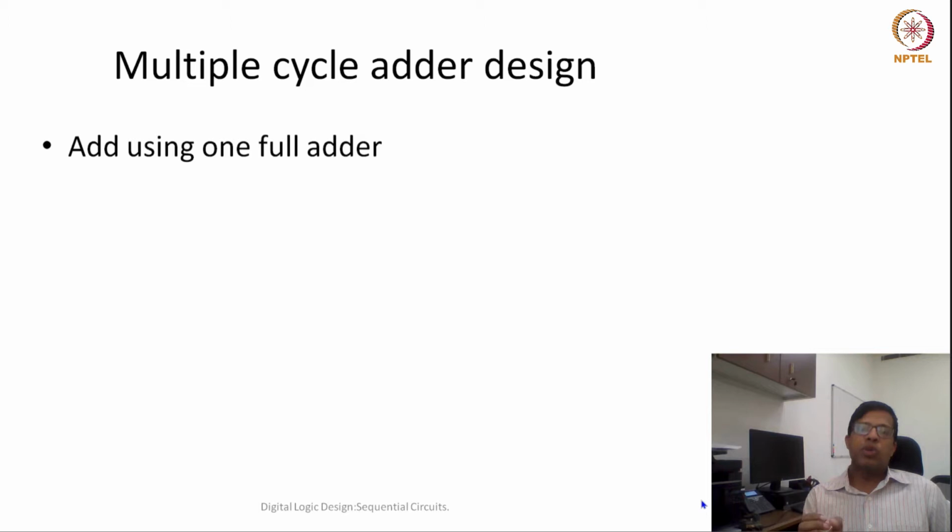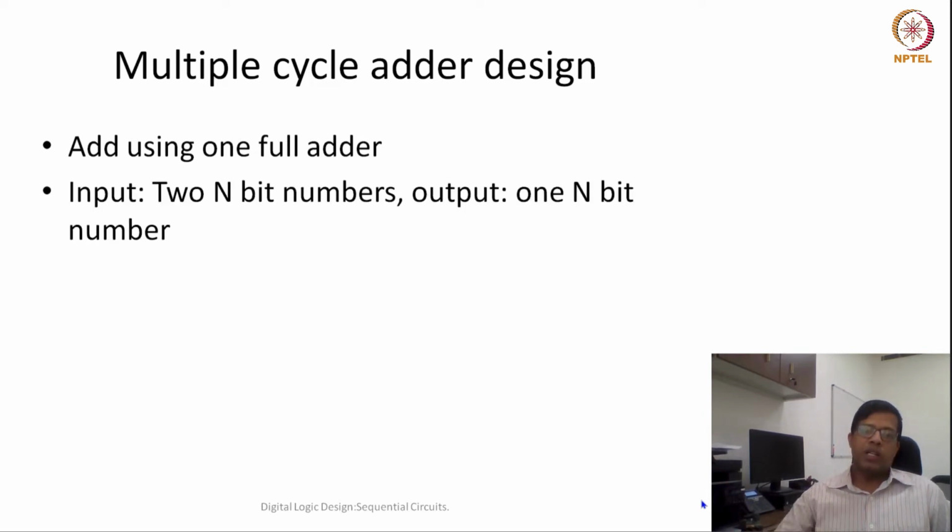So let's try to do it in a very simplistic manner. The first objective is to design an n-bit adder using one full bit adder. The inputs are, of course, two n-bit numbers, and the output is one n-bit number. Additionally, carry Cout is also an output.